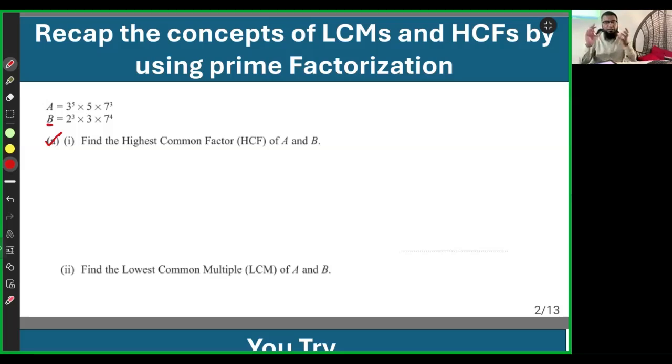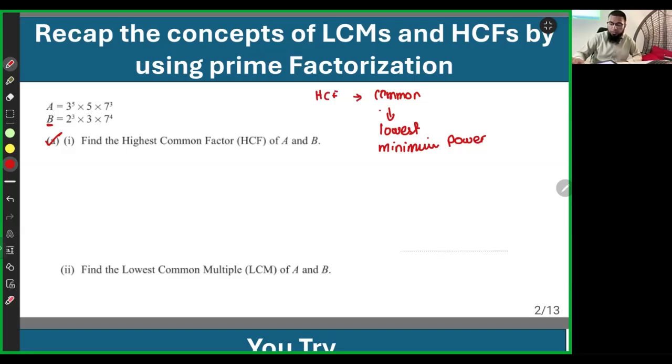So, just a bit of recap of what we studied for HCF. HCF takes the minimum power. Where the bases are common, we have to take the lowest or the minimum power. Okay, this was the rule for the HCF.